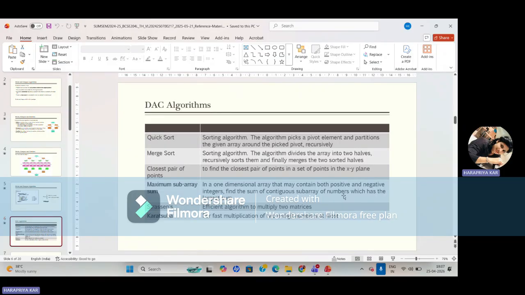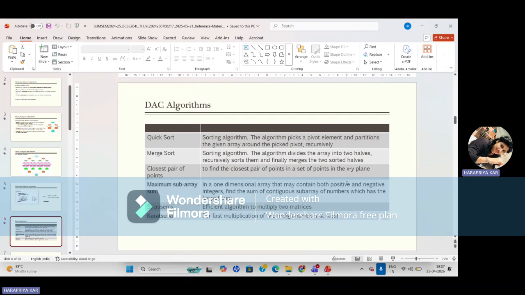Which one will have the largest sum? That we have to find out. So we work over the one-dimensional array containing both positive and negative integers, and we find the sum of the contiguous sub-array of numbers which has the largest sum.